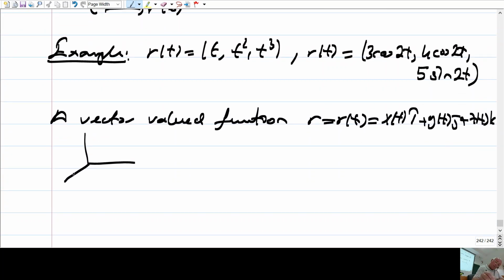So i is this vector, j is this vector, and k is this vector. Okay, unit vectors.